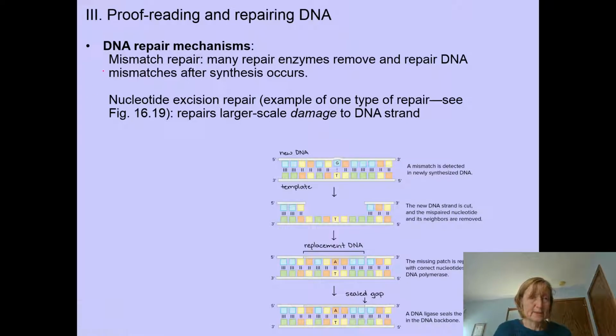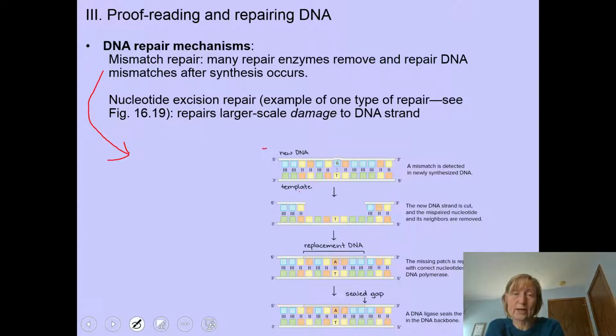Okay, so we can look down here at mismatch repair. Here's a picture of a molecule of DNA that has been newly synthesized, so we see that there's a template and a new strand of DNA, and there's a mistake. There's a G that's matched up with a T. Now, what mismatch repair enzymes do is they recognize that mistake.